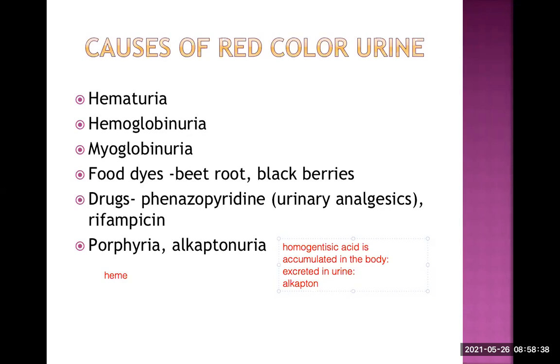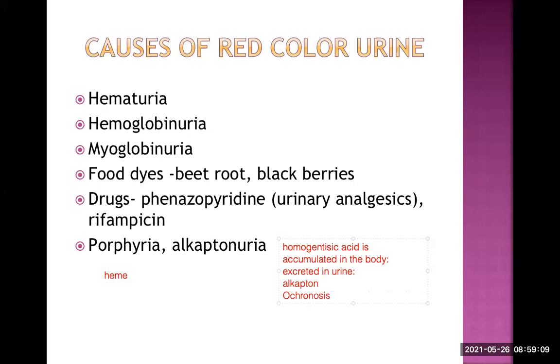Homogentisic acid will be oxidized into alkaptone, and when that alkaptone comes out in the urine, we call that alkaptonuria. Sometimes this homogentisic acid is collected inside the cartilage and can damage or destroy it. That condition is known as ochronosis.